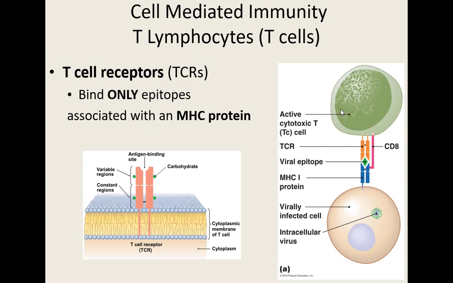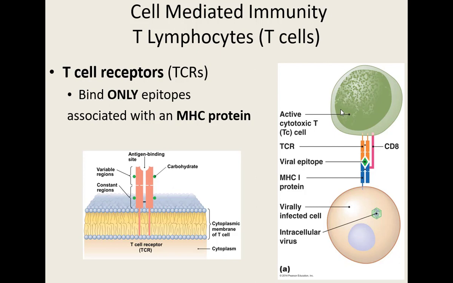So T cell receptors only bind epitopes. Those are foreign objects that can be recognized. They're the little things on the outside of antigens that are associated with an MHC. Now, if you recall, I'm going to erase some of this after I write it up. There were MHC class 1 antigens and MHC class 2 antigens.